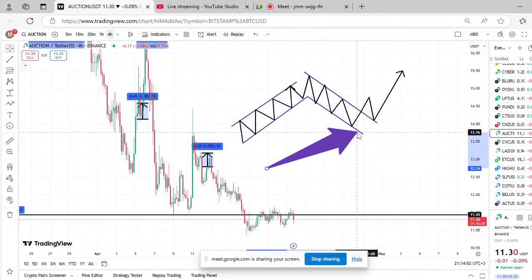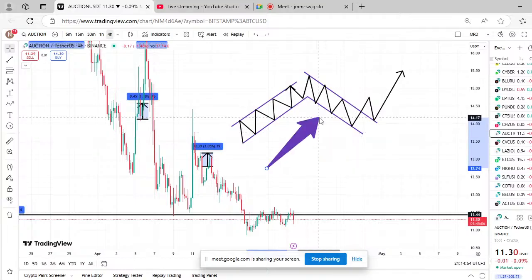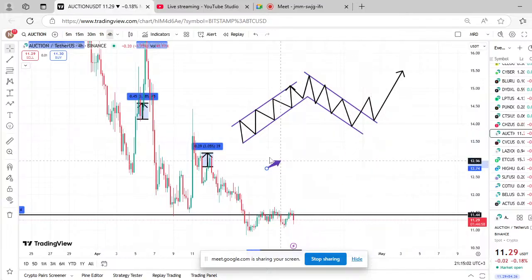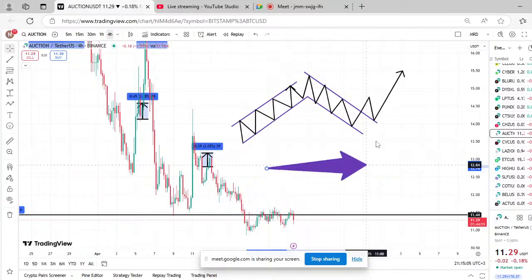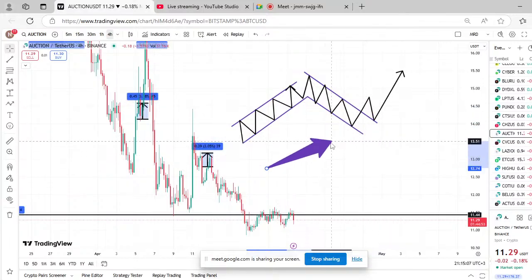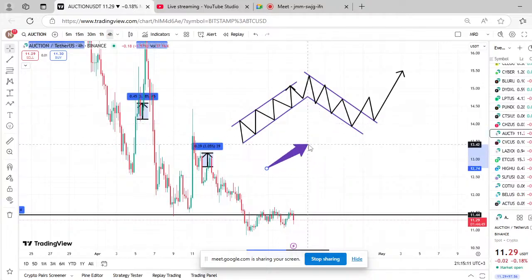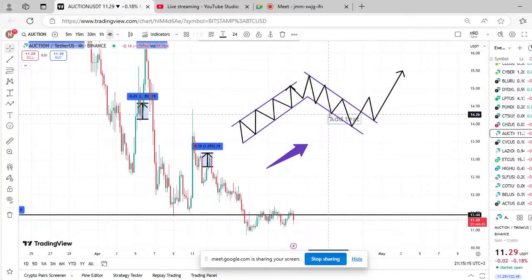Whenever we talk about support lines, we mean where the market is touching several times. Are we getting the point? Even though the line is straight and the market keeps touching it and moves up, that is the support. So in a downtrend, we have what we call the lower lows.